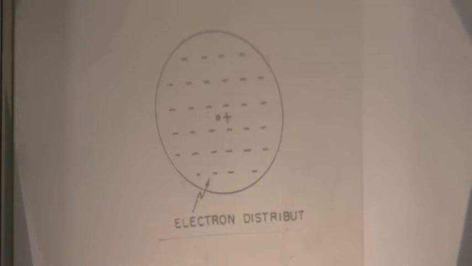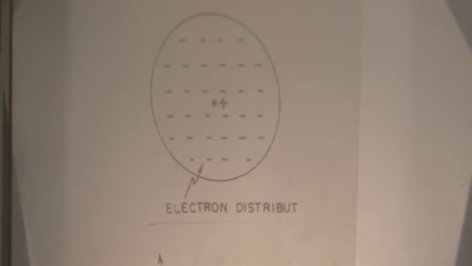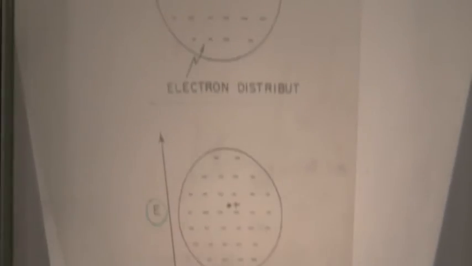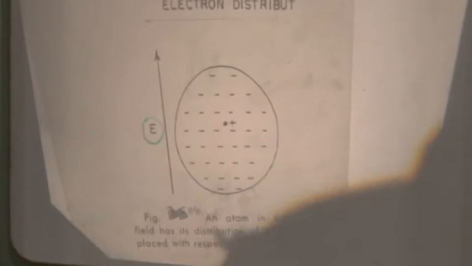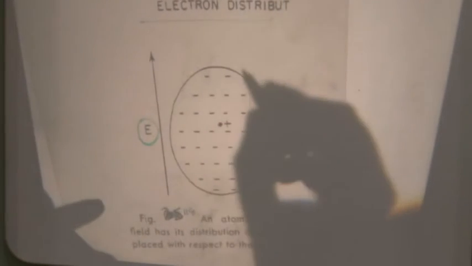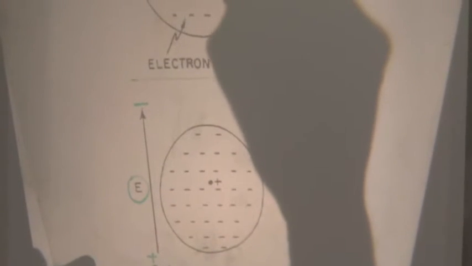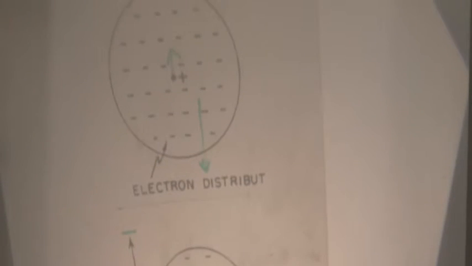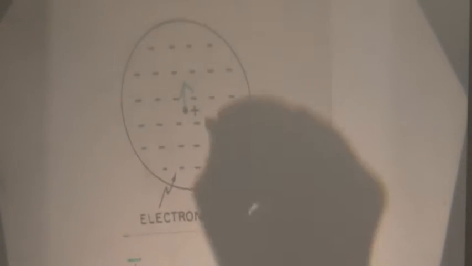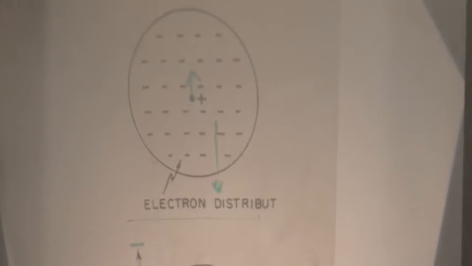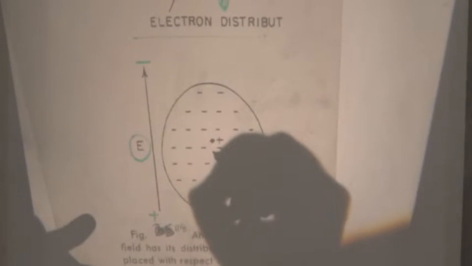But when we put an external electric field across this gas atom, I mean, this is rather exaggerated, but obviously if the electric field goes from positive to negative, the nucleus gets pulled that way and the electron charge cloud gets pulled that way. And although this is a complicated shape now, we know it's going to behave as a dipole.